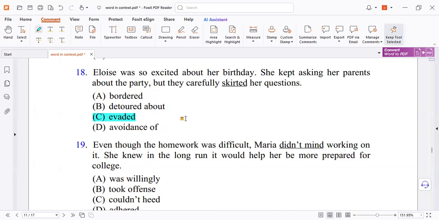Feel that? Correct. Yes. And remember, avoid is a noun. Here it's a verb. Even though letter D is correct, it's a noun.